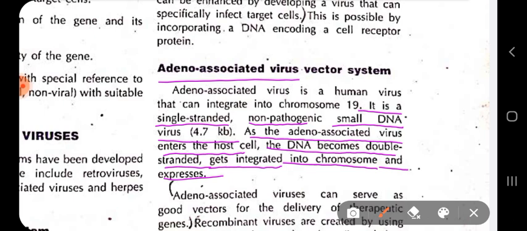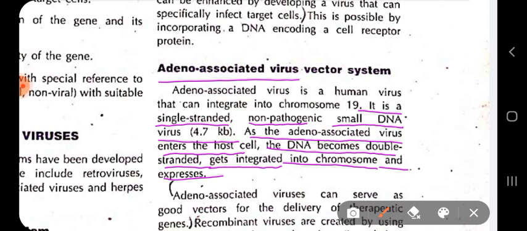If we can use this adeno associated virus as a vector, it will be very good, because it is non pathogenic. It has many target tissues, many target cells that it is able to infect. And as the adeno associated virus enters the host cell, the genome becomes double stranded, gets integrated into the chromosome and is expressed.